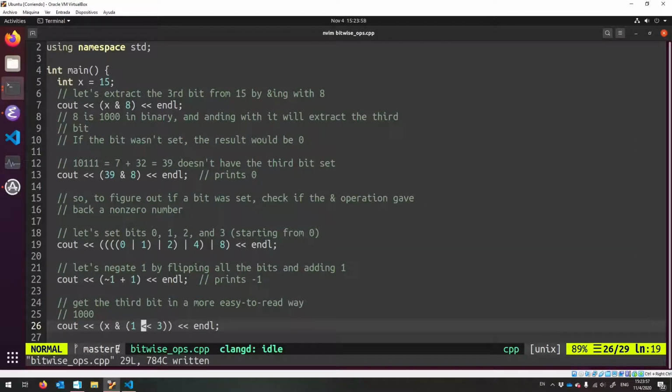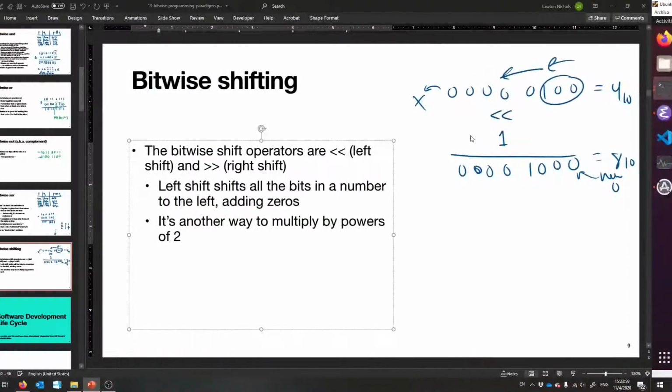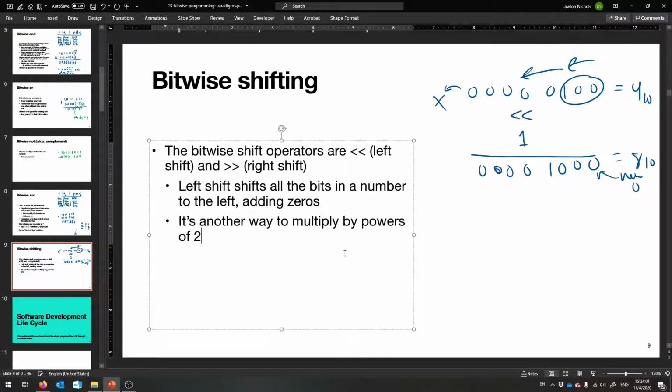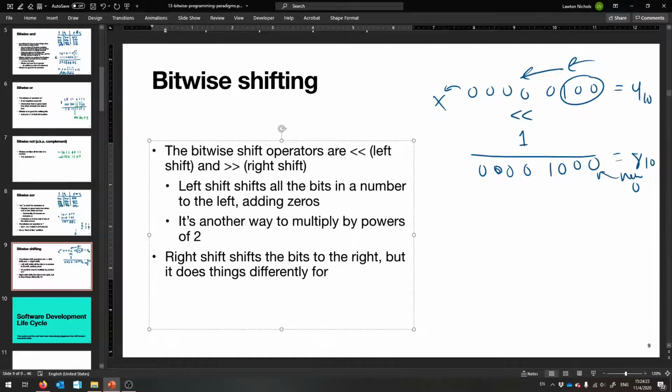Beautiful. And then right shift, that one's a bit more interesting. Right shift shifts the bits to the right, yes, but it does it in a fancy way, because we might have negative numbers.